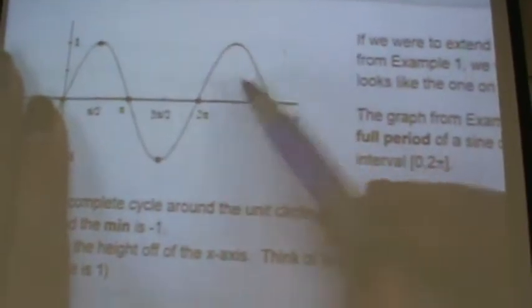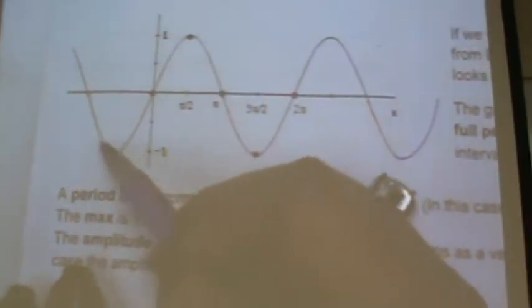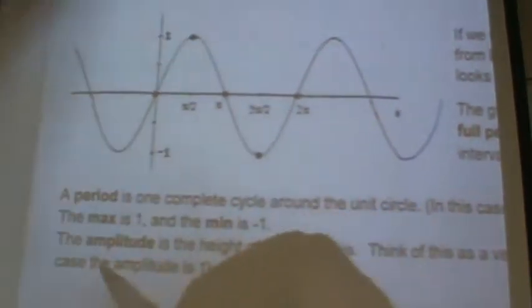You need to understand that this pattern continues. The on, above, on, below, on, it's going to continue. After 2 pi, it goes on, above, on, below, on. It goes on, and on, and on, and it goes the other way too. So that sine curve continues.